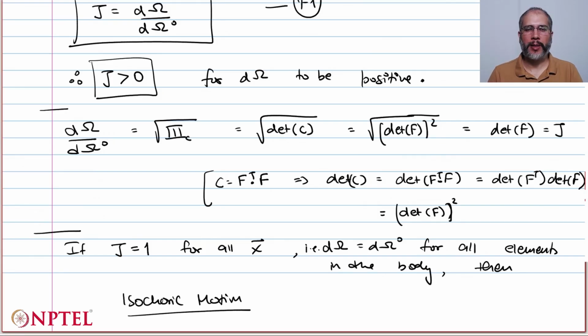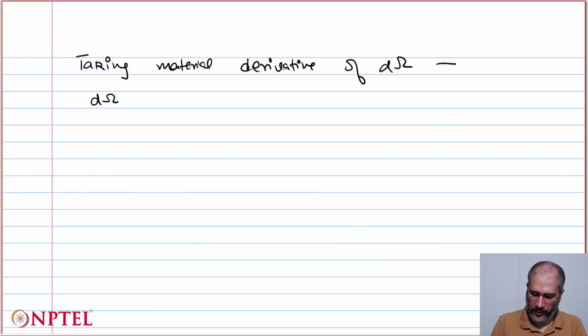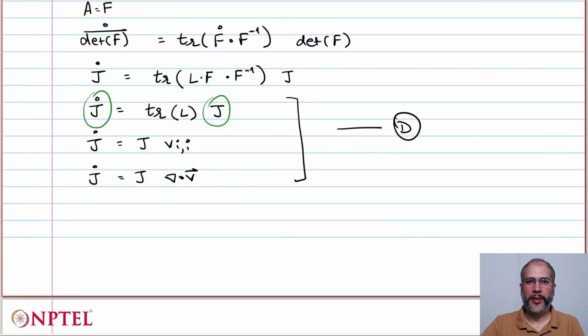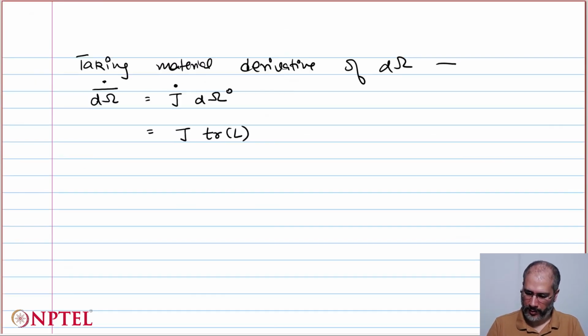So now that we have established a relationship between d omega and d omega naught, we will now take the material derivative of d omega. So we get d omega with a dot on top, and that's equal to J dot times d omega naught. And J dot was shown as J times the trace of L from equation D, as we can see here. And then we have a d omega naught.